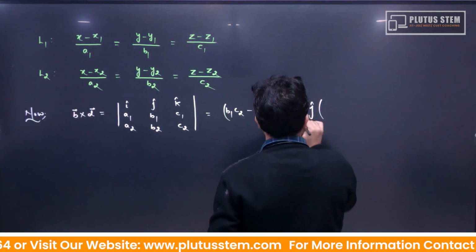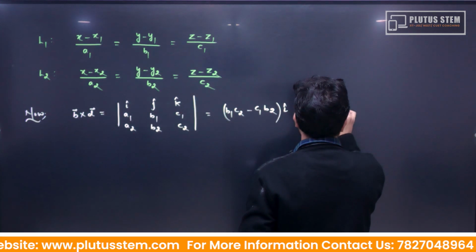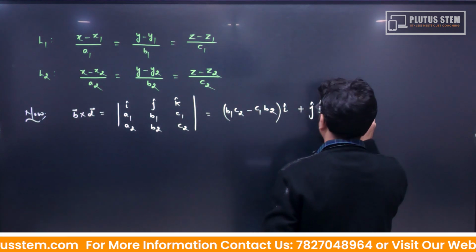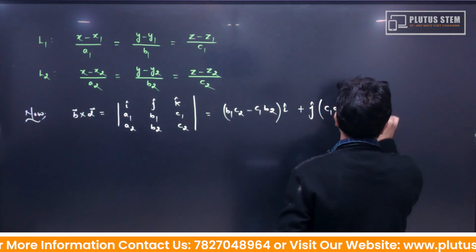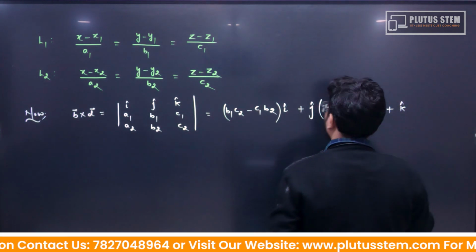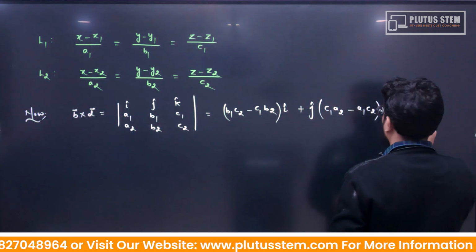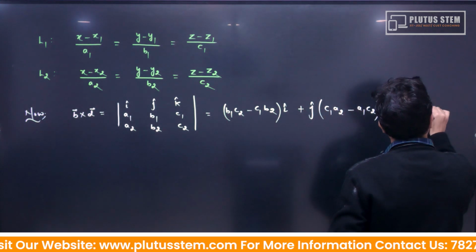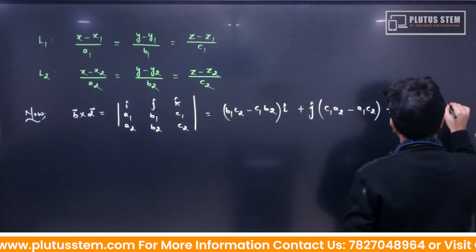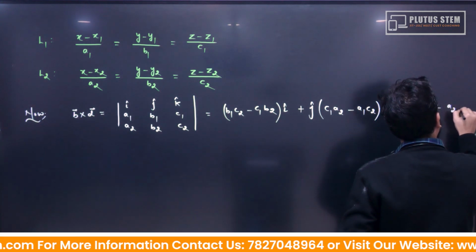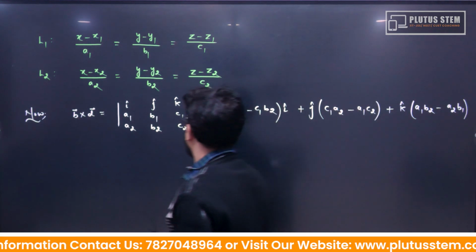So I am using the minus sign here: (C1 A2 minus A1 C2) plus k cap (A1 B2 minus A2 B1), that is k cap.